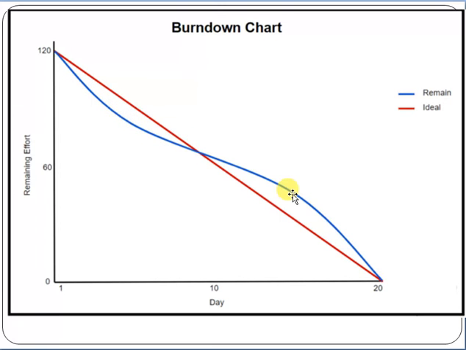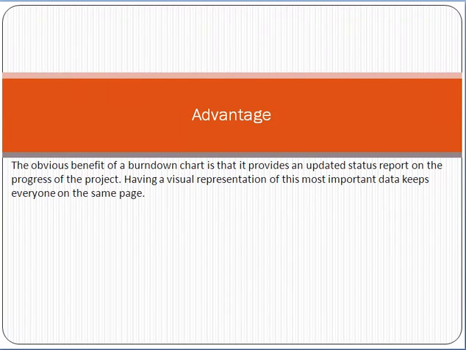For example, on the 10th day you can say 60 story points are remaining. On the 20th day all 120 story points are completed. So friends, this is the concept of the burndown chart. It only shows you how much work, how many story points, are remaining to be completed.